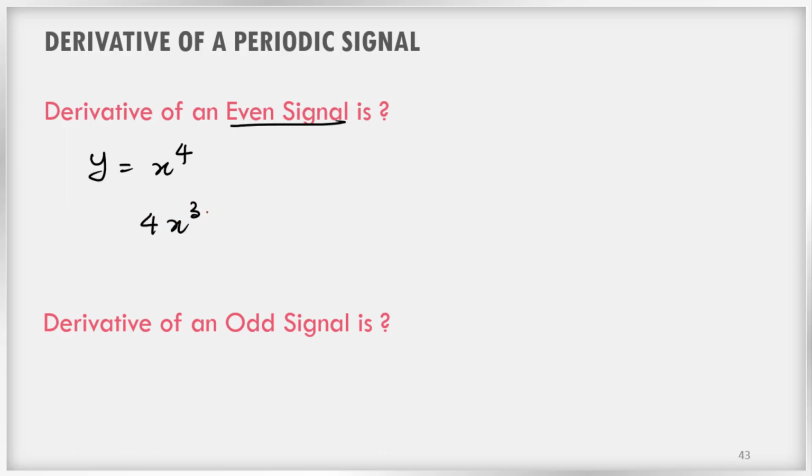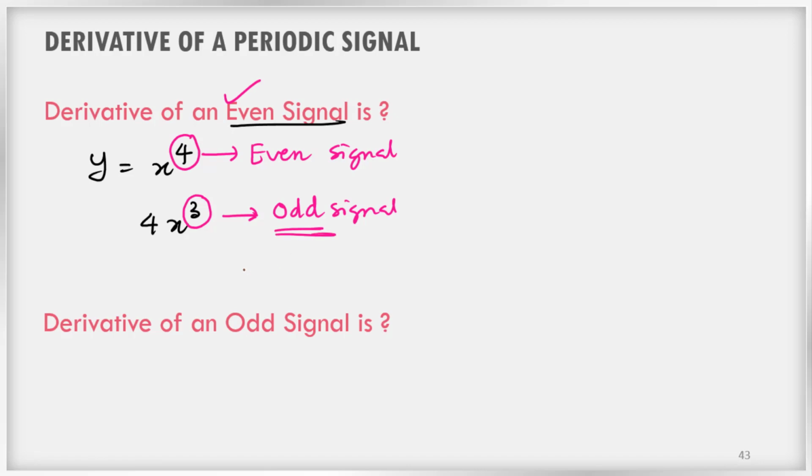From this we can clearly see that this polynomial has power 4, so this is an example of an even signal, and this derivative has power 3, so this is an example of an odd signal. Because of that, we can say that the derivative of an even signal will be an odd signal.